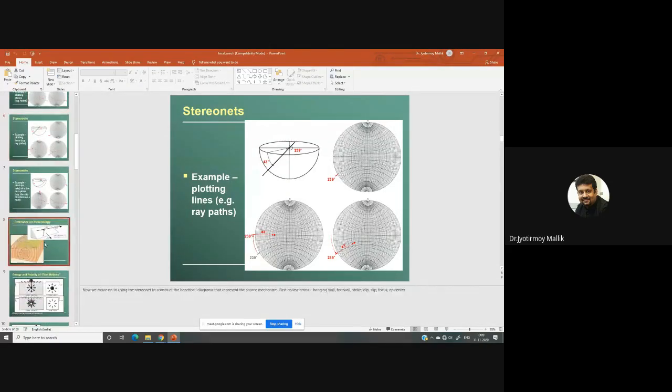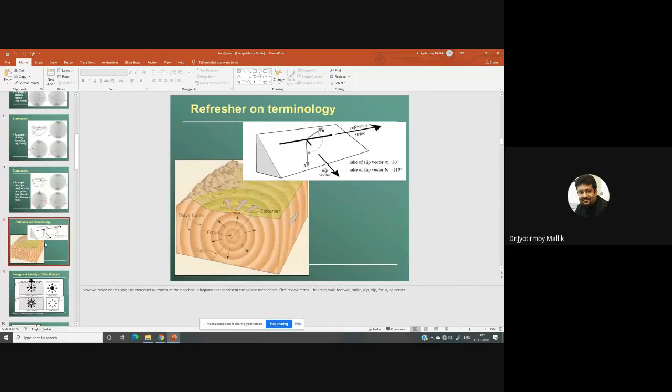Then we also defined something called pitch or rake. That is the angle between the strike of the fault plane and any lineament on the fault plane, which is called the pitch or the rake of that particular line.